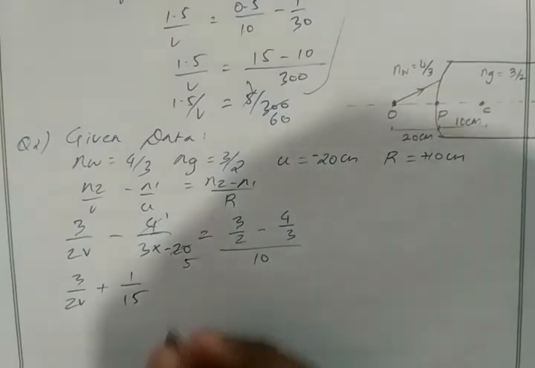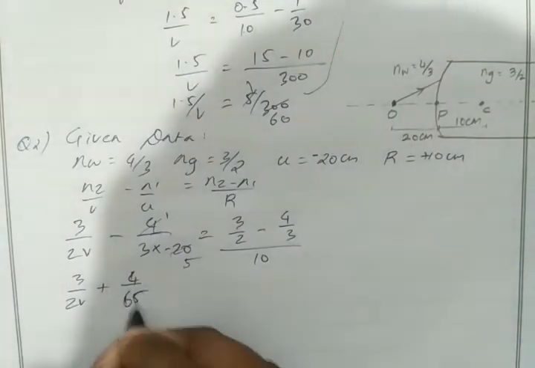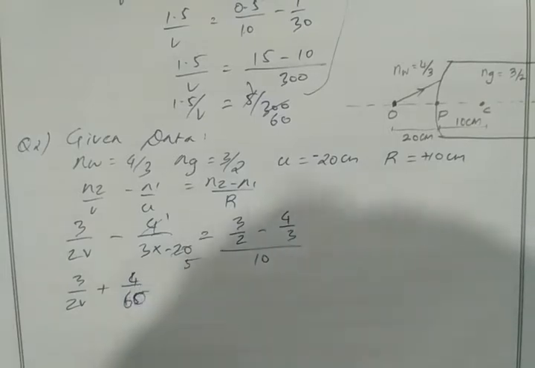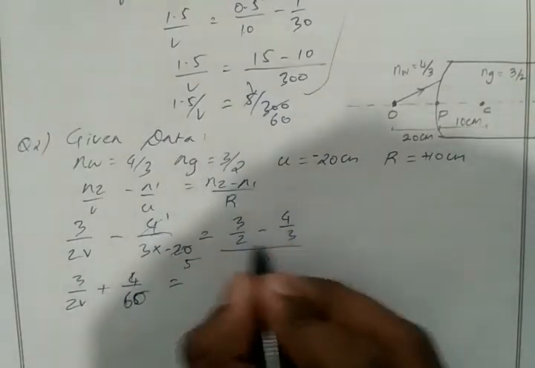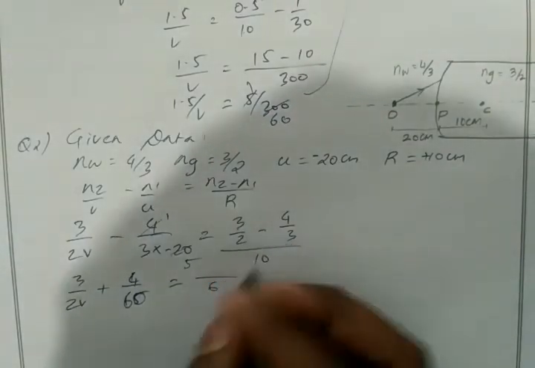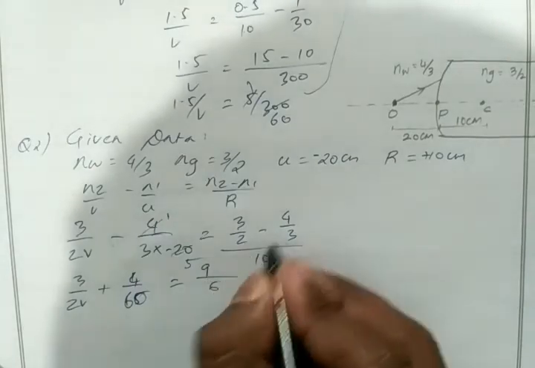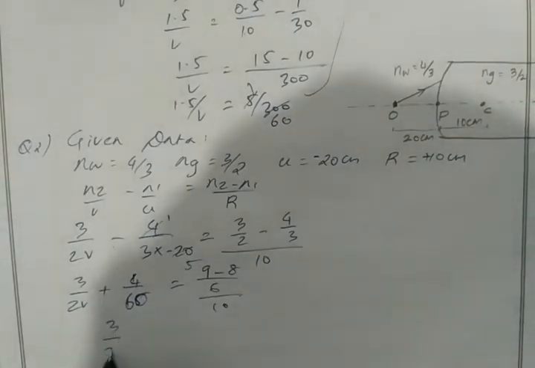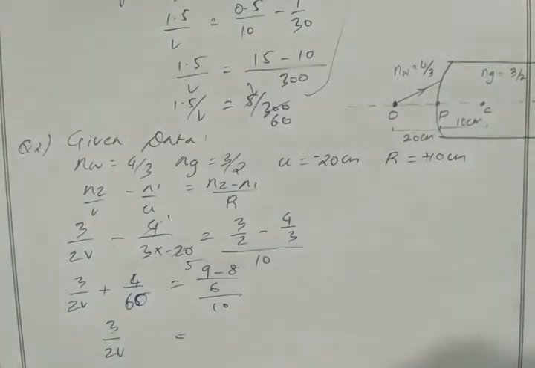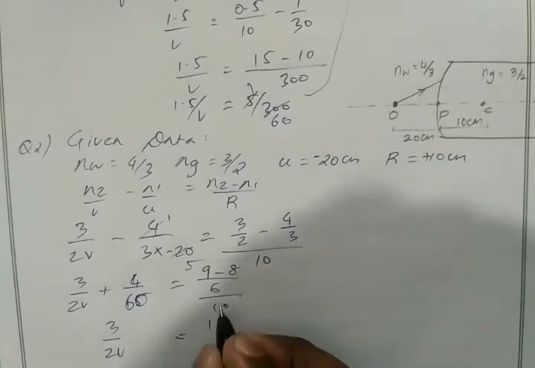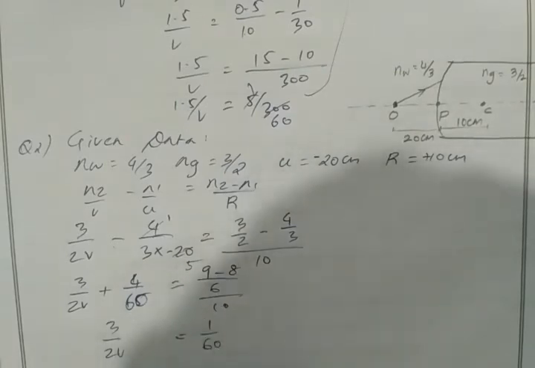Or we can simply take 4 by 60. Here we have 3 into 20, minus 60, minus into minus will become plus, so 4 by 60 equal to, so if you simplify this, take LCM: 2 into 3, 6; 3 into 3, 9; 2 into minus 4, minus 8, divided by 10. So we can get 3 by 2v, 9 minus 8, 1, 1 by 6 by 10, so 6 into 10 we have 60, so 1 by 60.